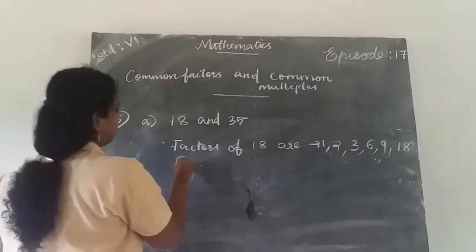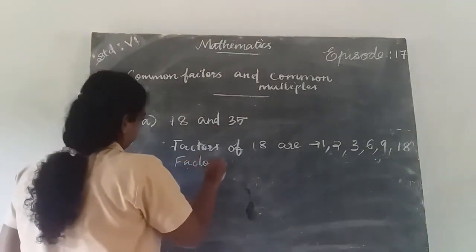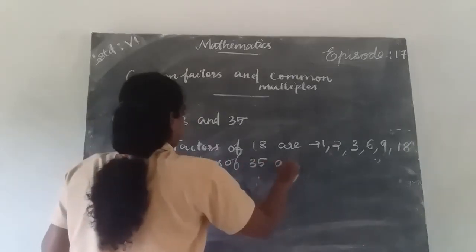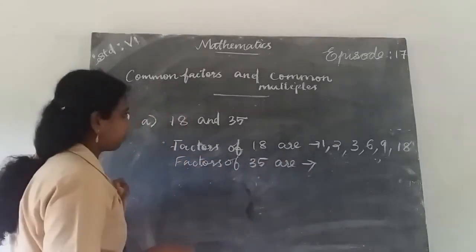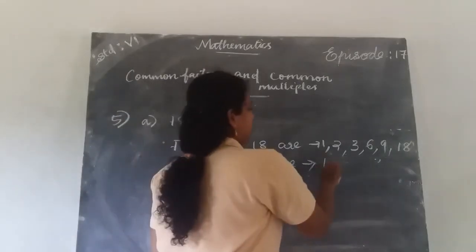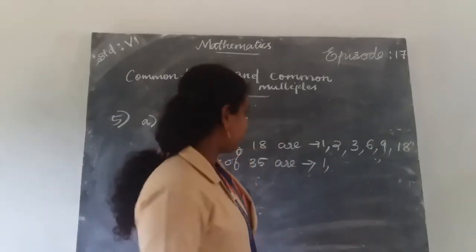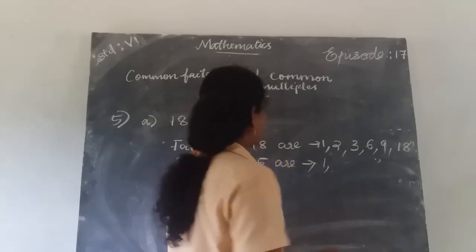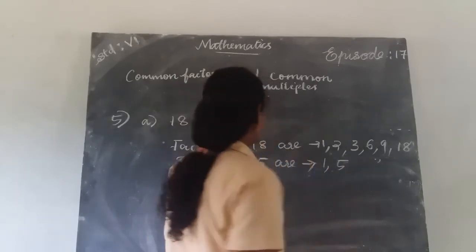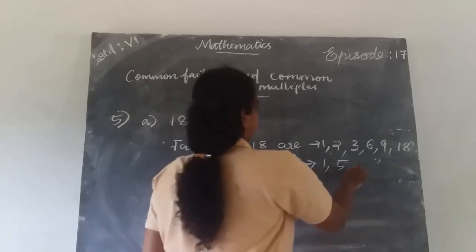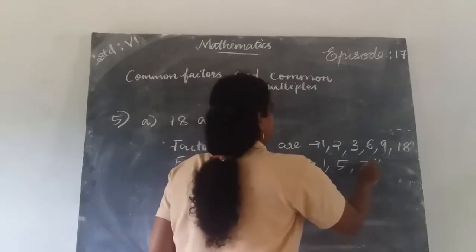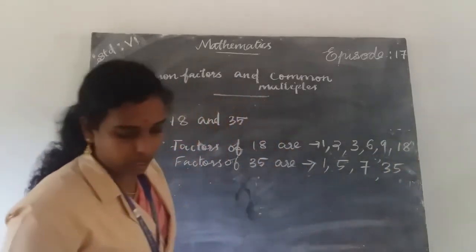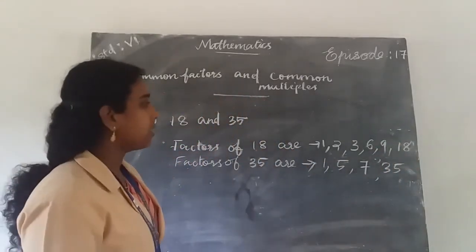And factors of 35 are 1. 35 comes under the table of 1. Then it's a multiple of 5 and it comes under the table of 5, 7 and 35. 1, 5, 7 and 35.